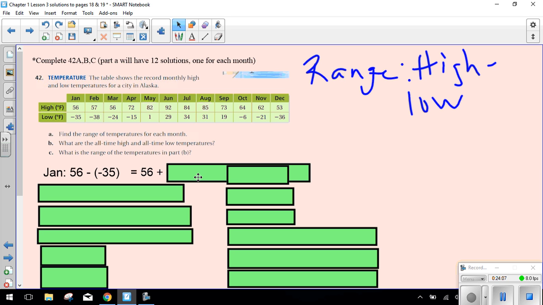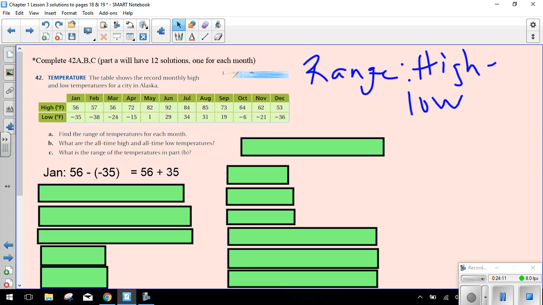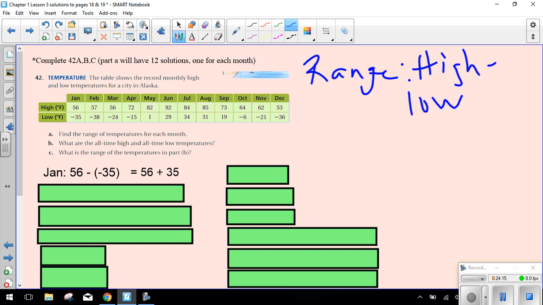The minus becomes a plus, and then we take the opposite and get 35. So what we're going to do is take 56 and add 35. Carry 1. 5 and 3 makes 8, plus 1 is 9. So the answer for my range for January is 91 degrees.